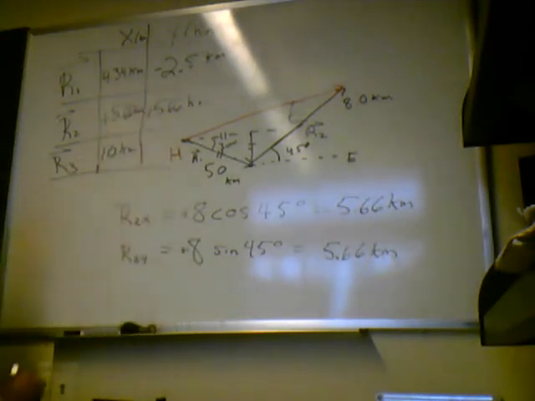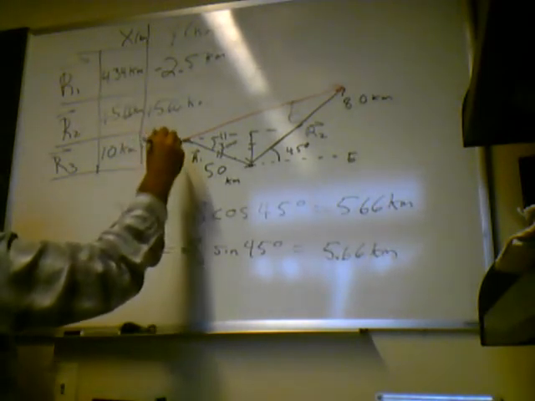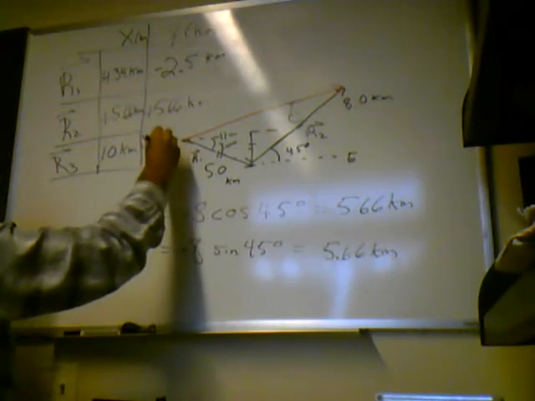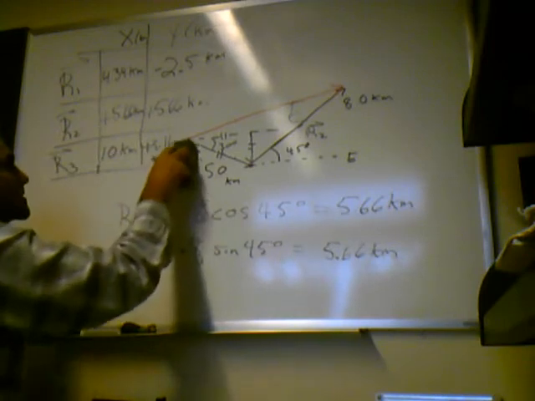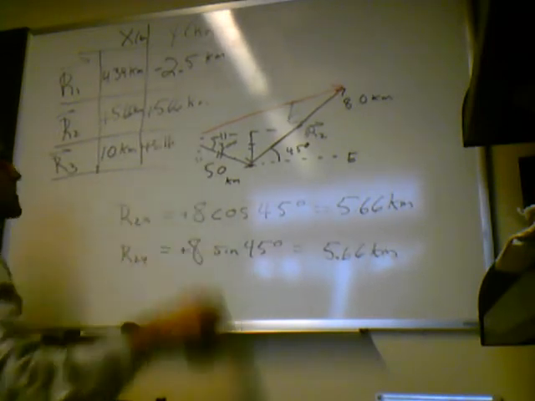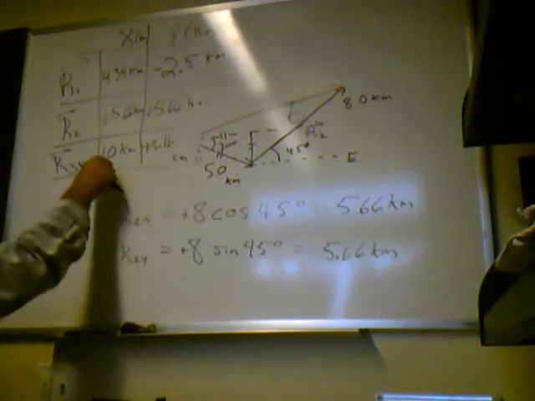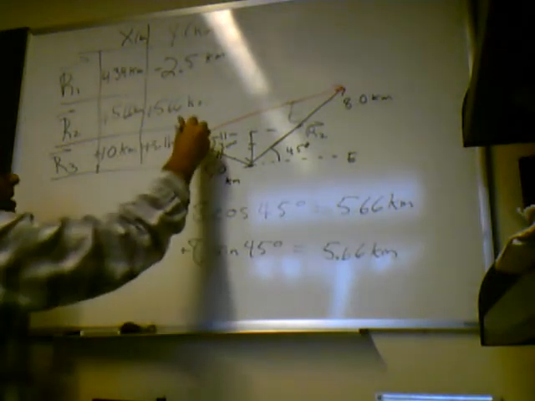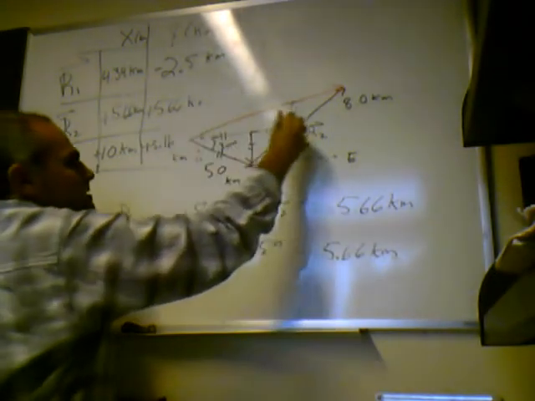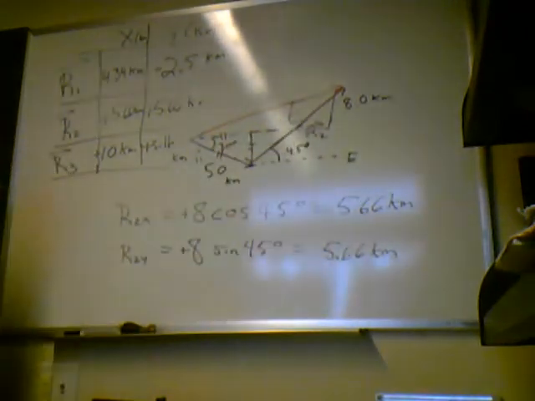And then 5.66 minus 2.5 gives me a plus 3.16 kilometers. Okay, so this plus 10 kilometers and this plus 3.16 kilometers represent the x and the y components of my final vector, the red vector.